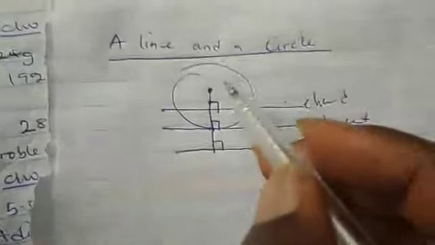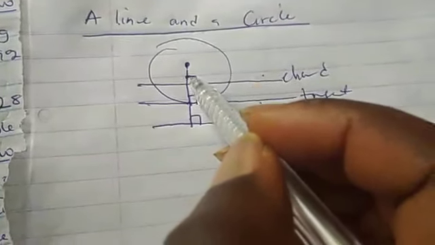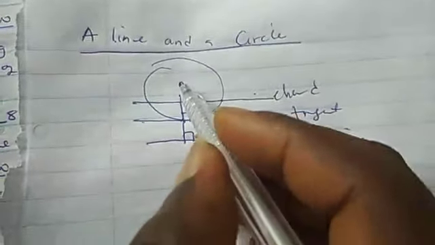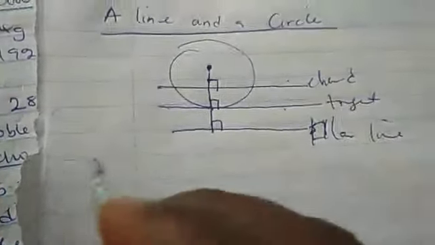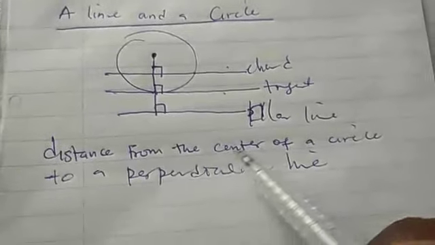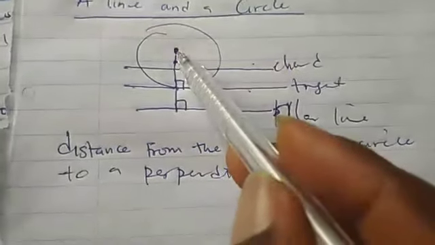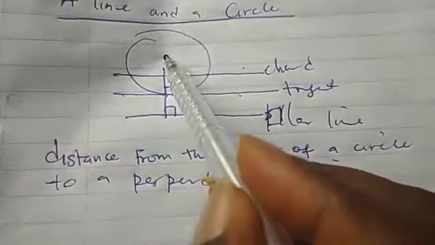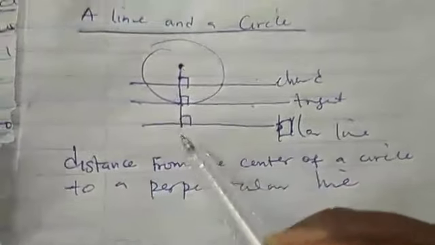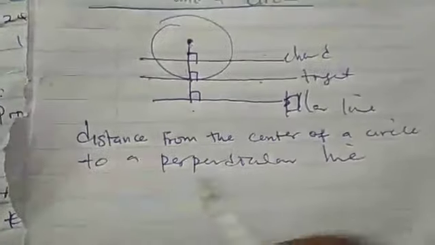Now, if you want to find the distance from the center of a circle to any line, to find the distance of the center of a circle to a perpendicular line, as you have seen here, even if we draw a line from the center of a circle to all these lines, it will be perpendicular to them.